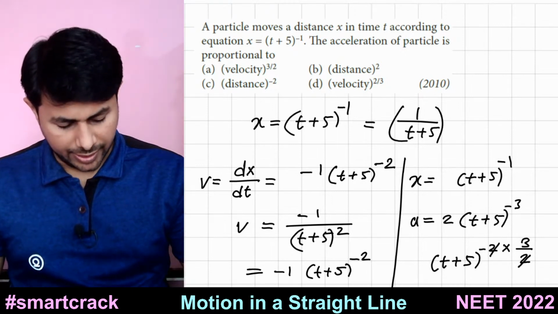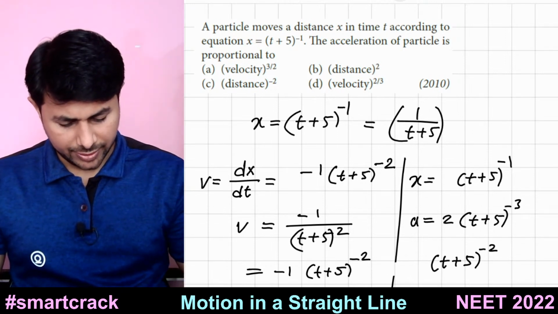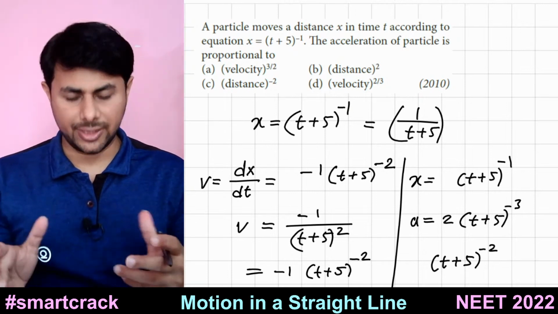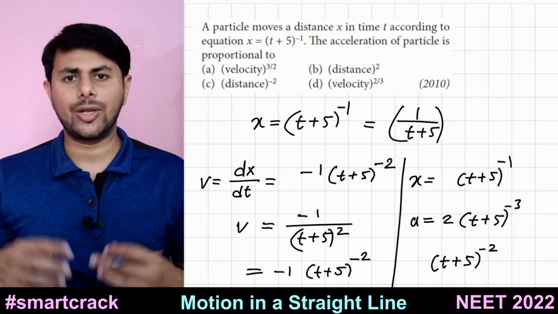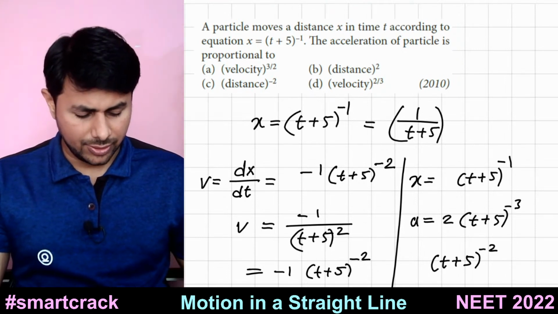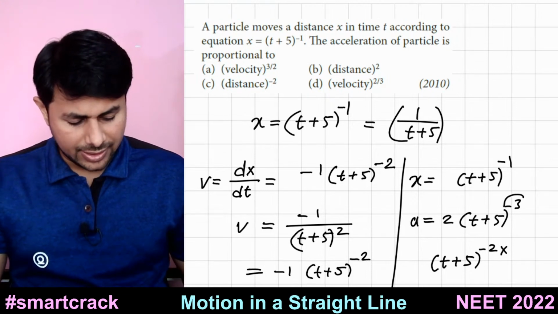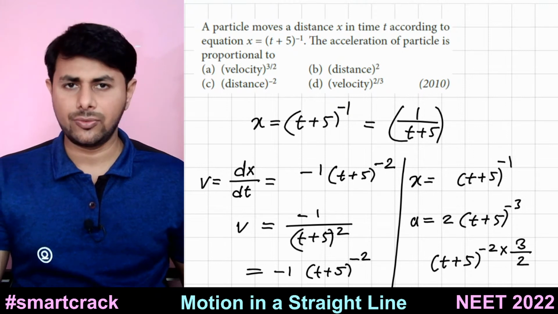Please see, what I am doing is, I have this formula for velocity. It depends on (t plus 5) raised to minus 2. I am obtaining the formula for acceleration from this formula. So I want minus 3, so I will multiply by 3 and divide by 2.